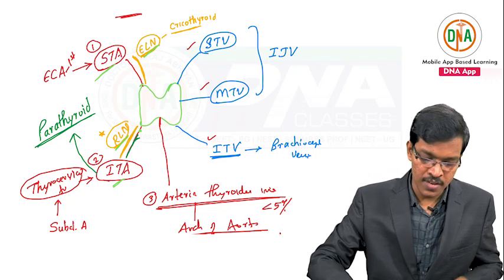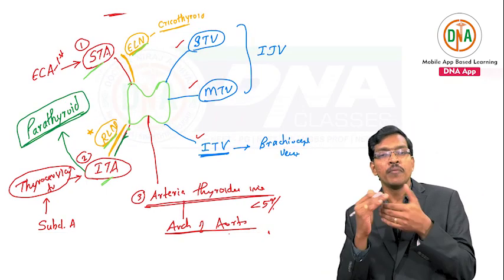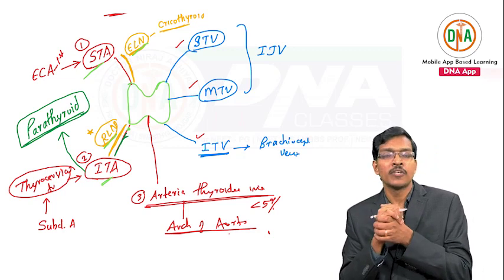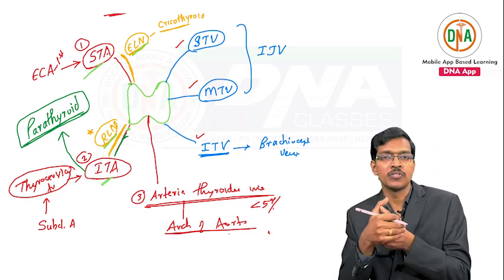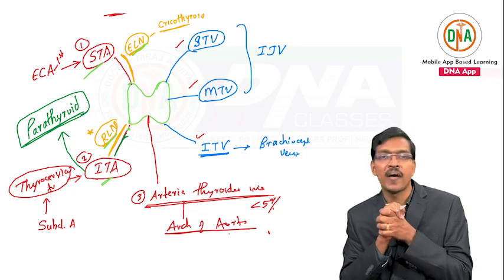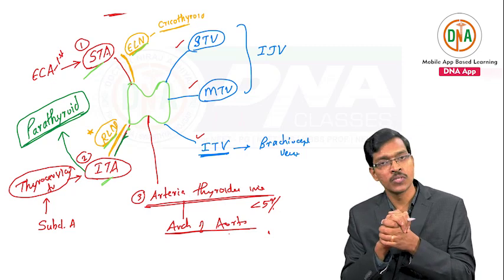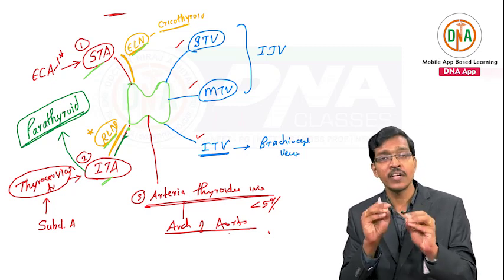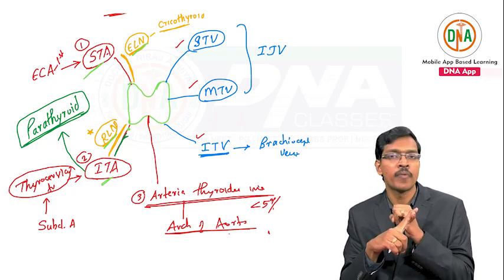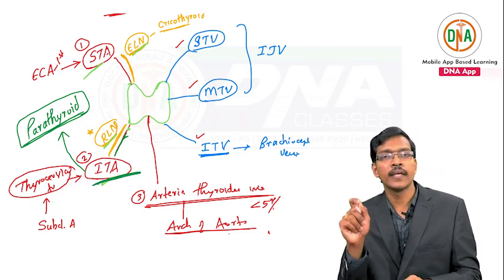Fine. So this is very important from a medical point of view, because when we prepare patients for surgery, especially hyperthyroid patients, and post surgery, our main concern is hypoparathyroidism. One reason for hypoparathyroidism post surgery is vascular damage to the parathyroid gland, that is, they are injuring the artery which is supplying the parathyroid gland.